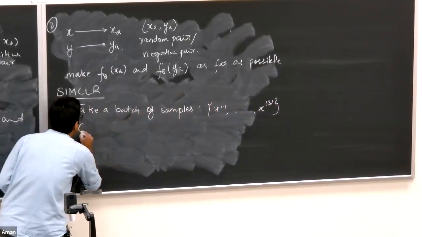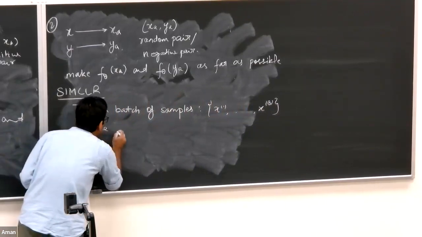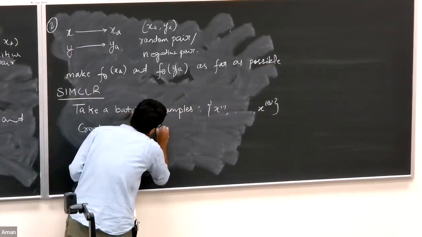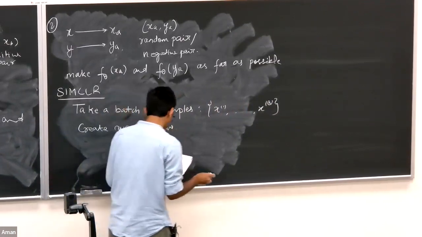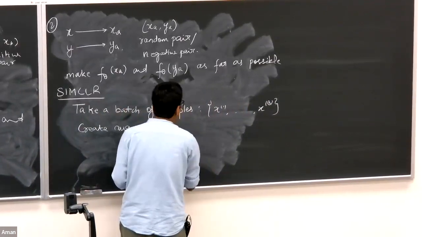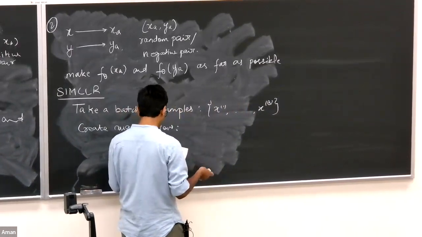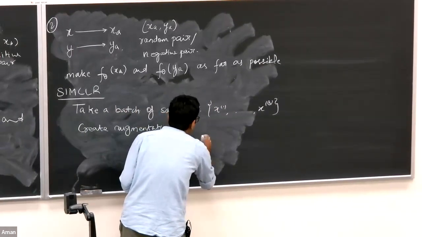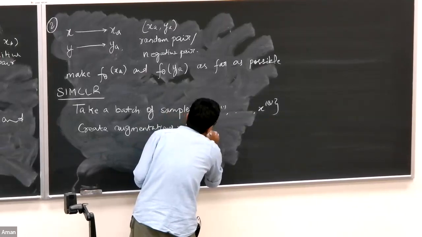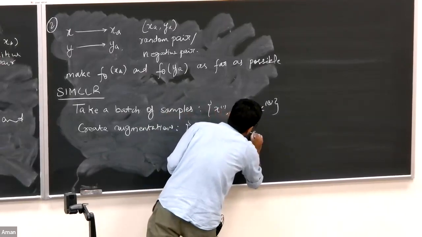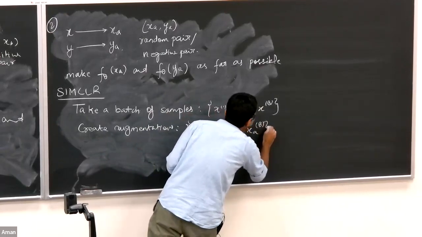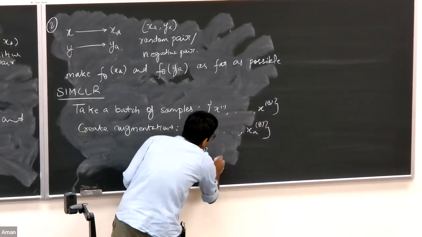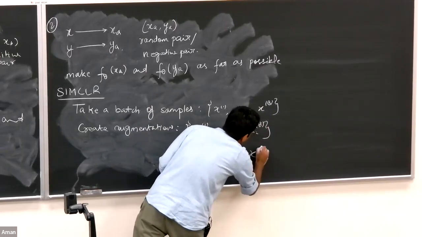And then you create augmentations. We specifically create two augmentations, and we'll see why, because we want positive pairs and negative pairs as well. So for the first augmentation, you have xa1 up to xaB, and for the second set of augmentations, you have xb1 to xbB.